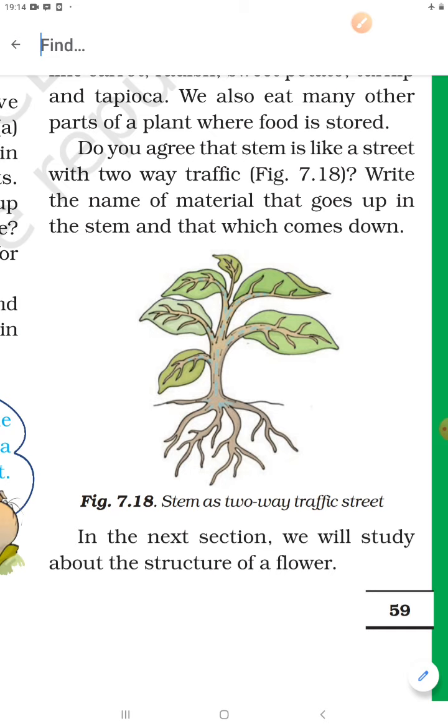When food is prepared, then that food travels from stem to the other parts of the plant. So we can say there is two-way traffic in the stem, one upward and one downward. Water and minerals are going in the upward direction, and the food is going in the downward direction.